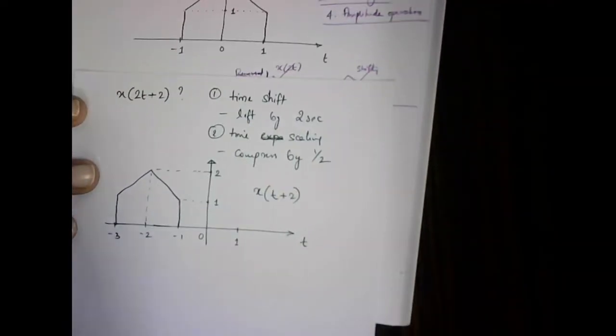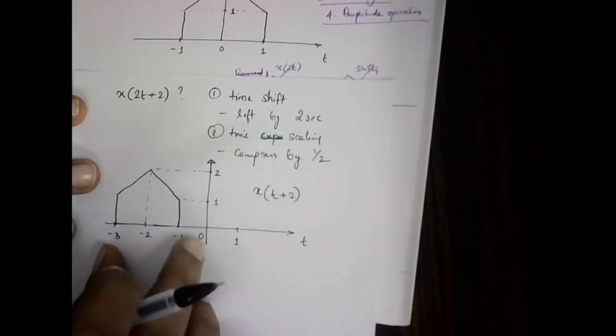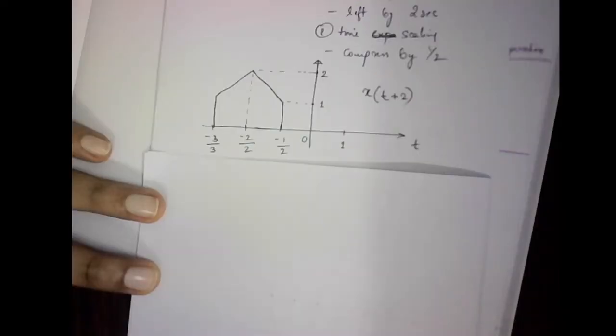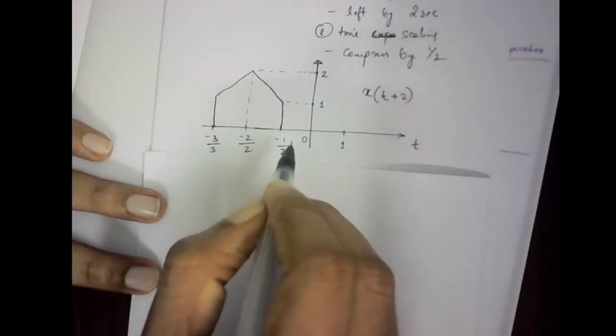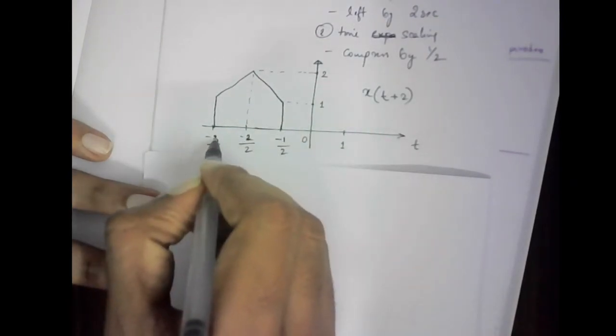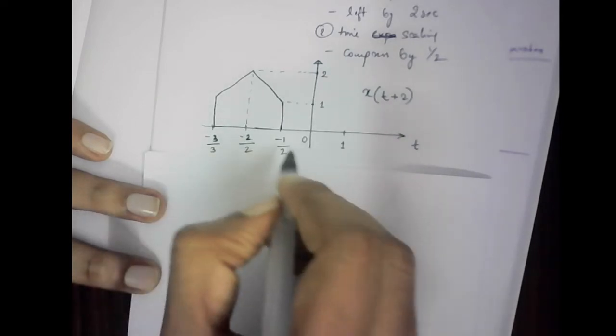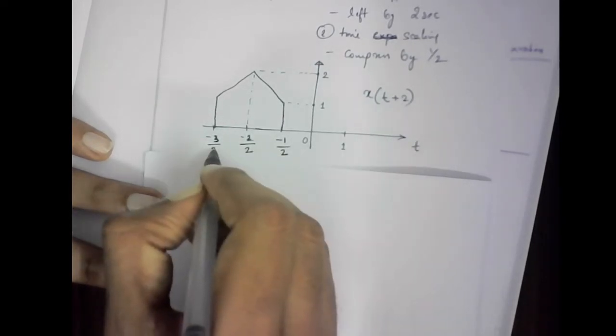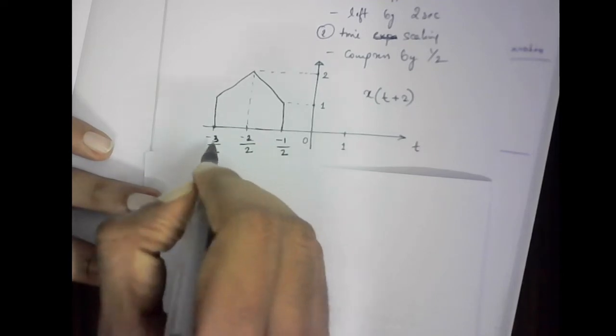Now the operation remaining is time compression. That means you need to compress this by half. To compress it by half means, previously it was minus 1, minus 2 and minus 3. Compress it by half means you put a half in all of these time instances.